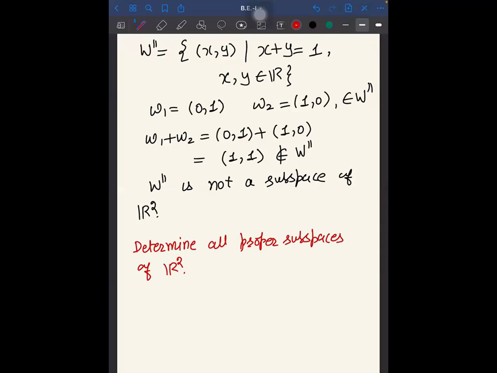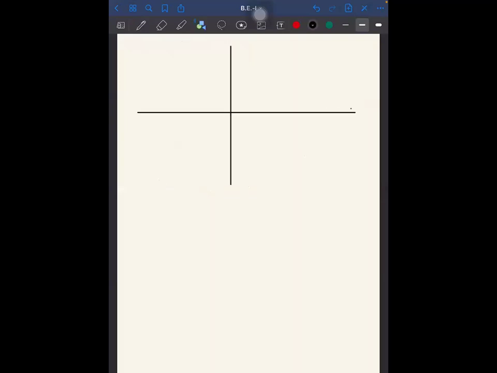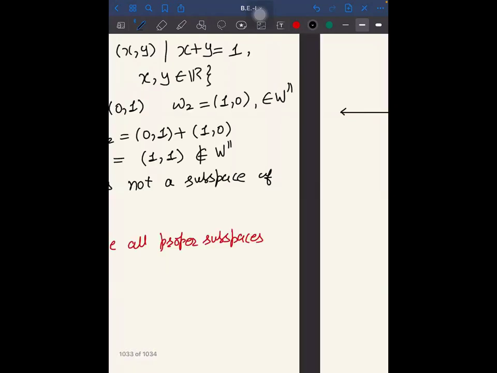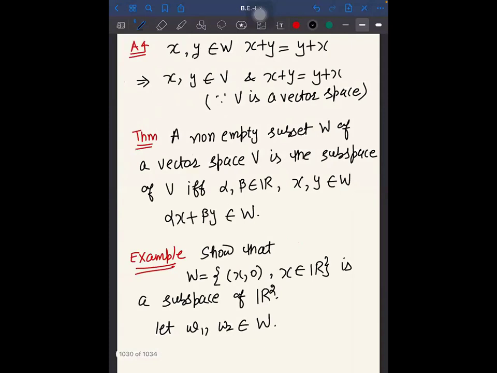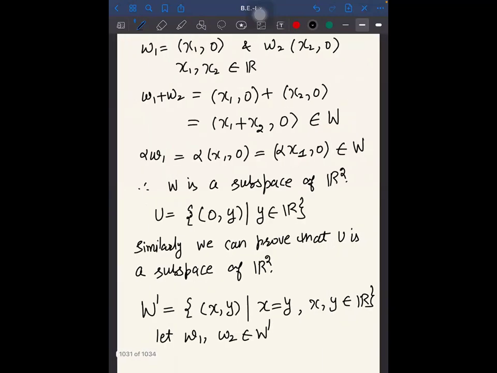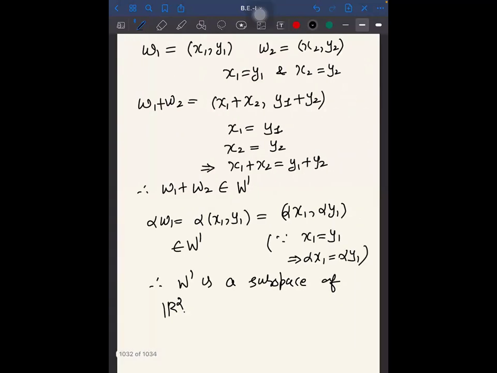So now, if you look at R2, what is your R2? This was your R2. Okay, see the first space which we have done. The first one is W, and that is what? Y equal to 0 is the X axis, right? X equal to 0 is the Y axis. X is equal to Y is the line passing through origin.